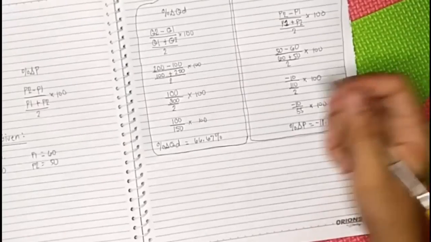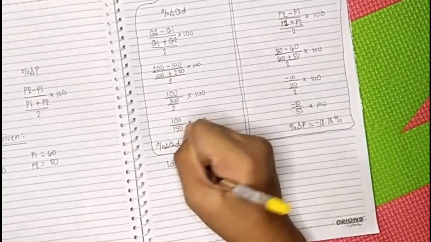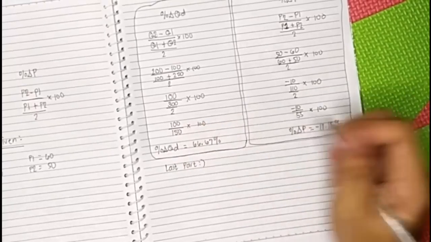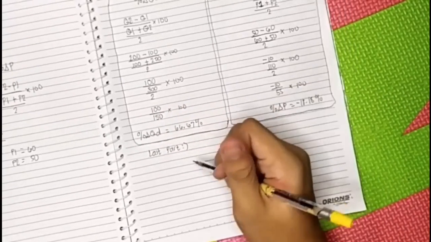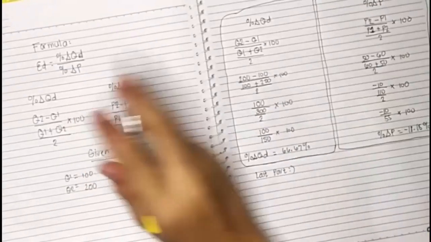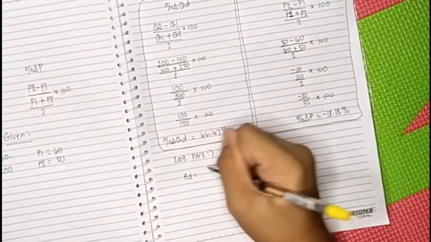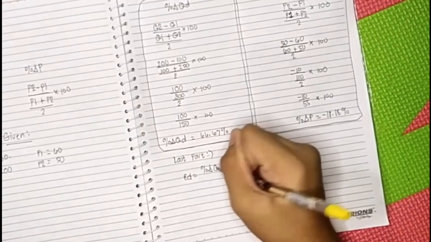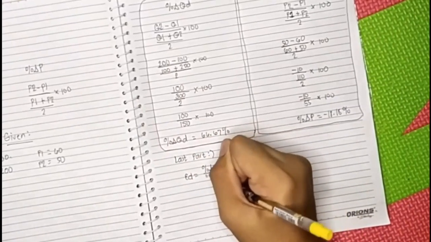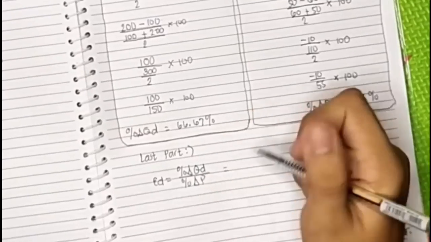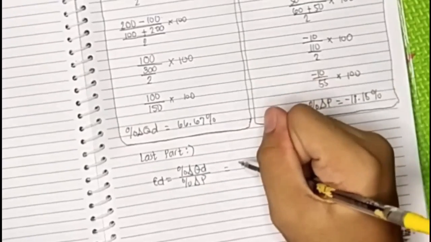So now let's solve the last part of this problem. So write again the formula. So ED is equal to percent change in quantity demand over percent change in price, then simplify the value.